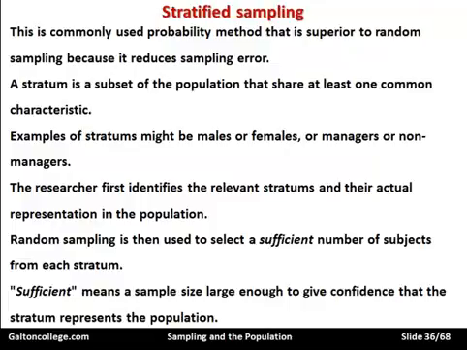Clearly the size of the sample must be sufficient to give confidence. If we were talking about the human population of this country and only 10 people were selected and sampled, that's not representative. It wouldn't give a lot of confidence. If 1,000 people were selected, there may be more confidence.